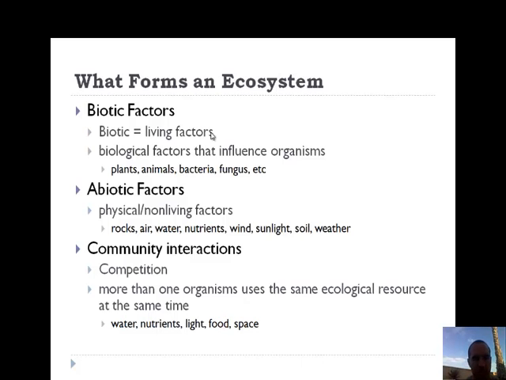So with those community interactions, you'll see different lifestyle strategies from some of the organisms in an ecosystem. So for example, a frog. When a frog goes through its life cycle, it has different stages, and it lives in different areas. When it's a tadpole, it lives in the water, and it feeds on one type of food source. And then when it grows into a frog, it can go on land and in the water, and has a different food source.